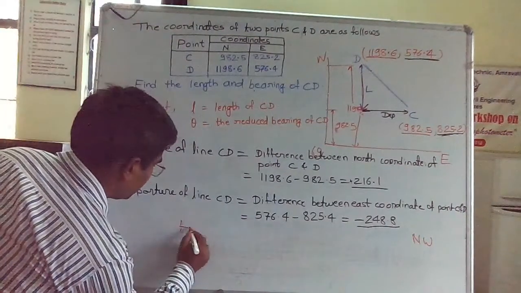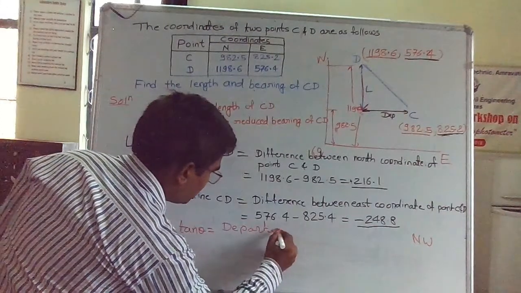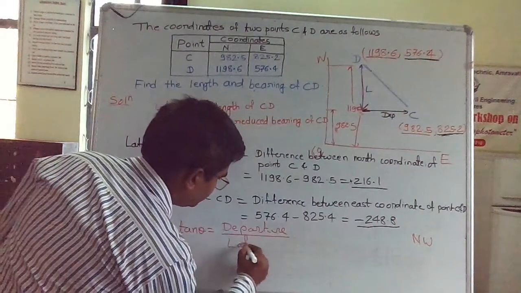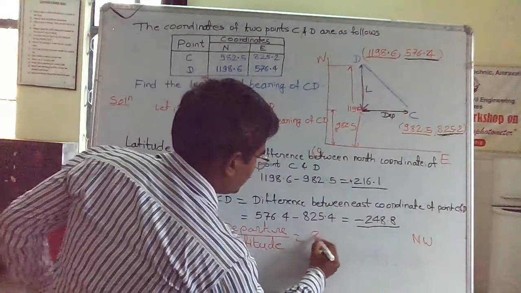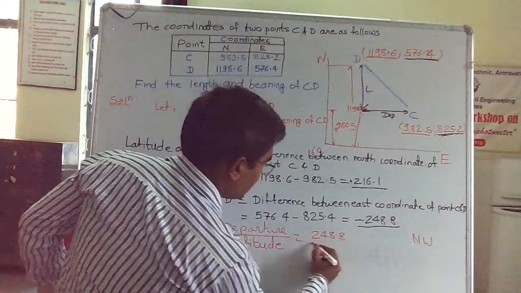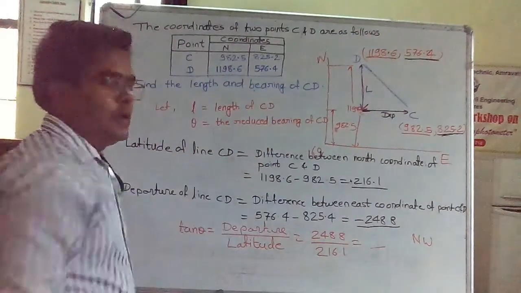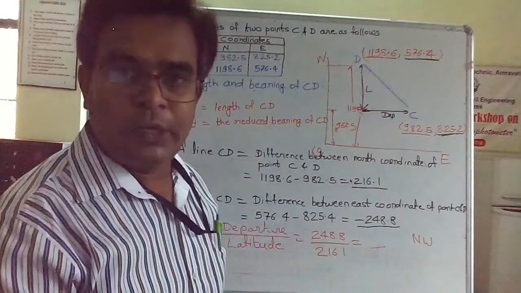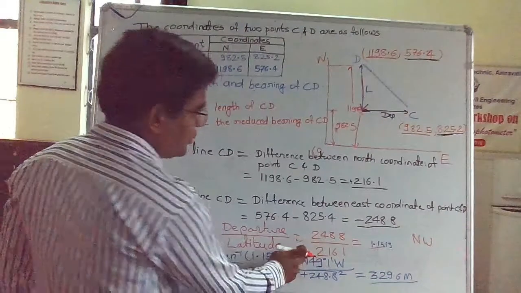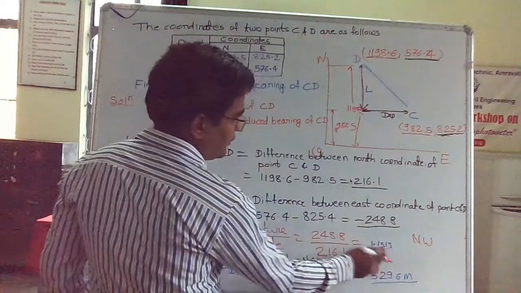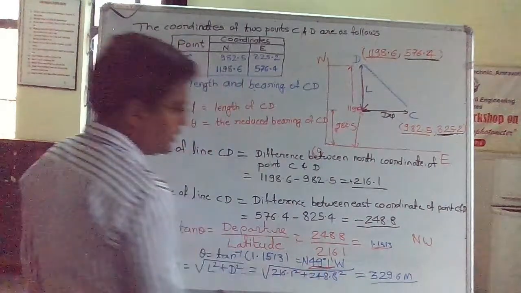Here the departure is 248.8 divided by the latitude 216.1. It gives us the value 1.1513, and taking the tan inverse of this we get theta equal to 49 degrees 1 minute.